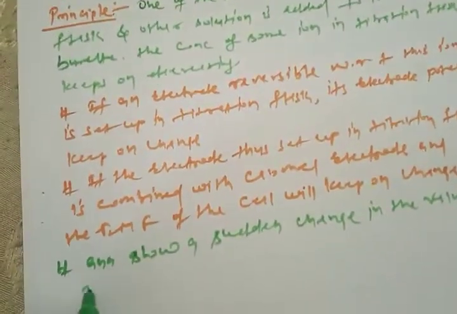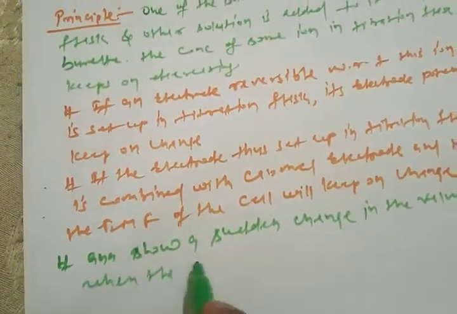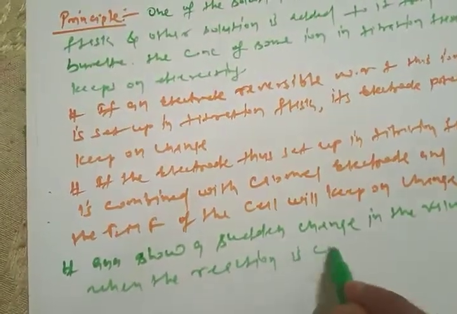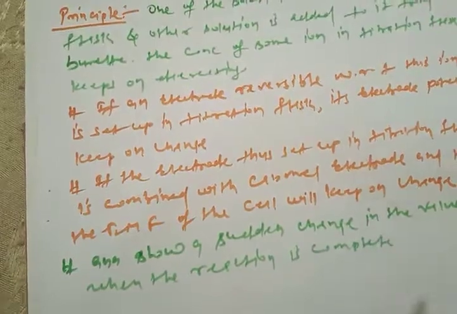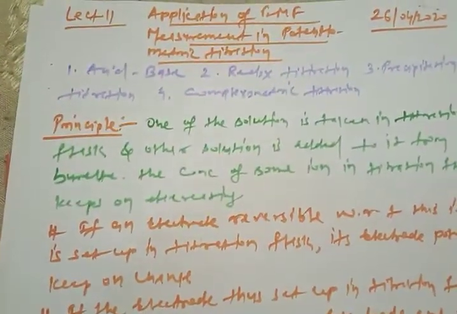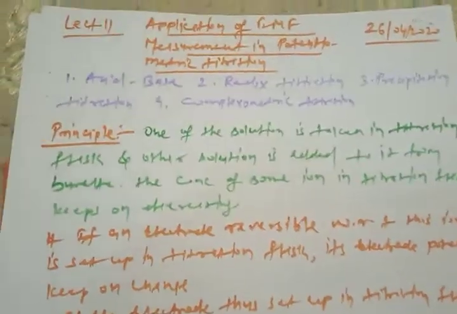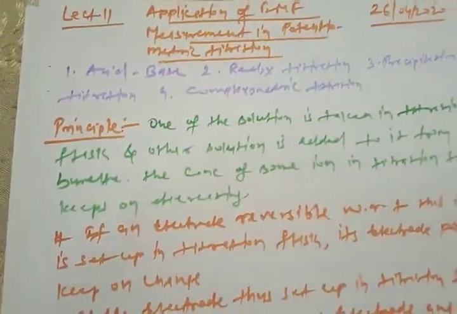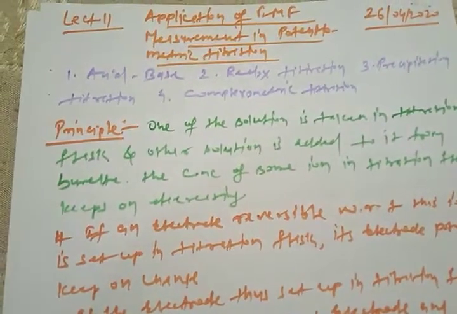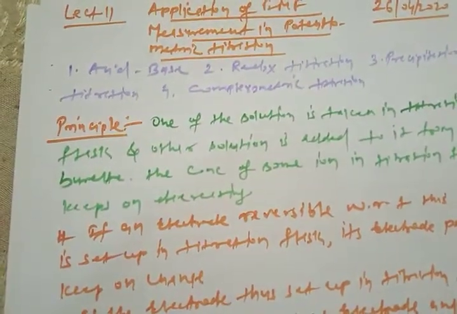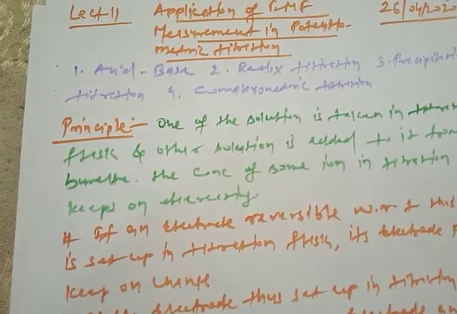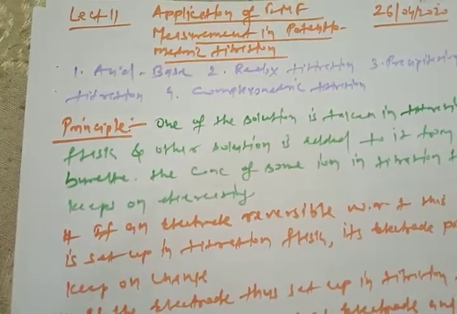When the reaction is complete. So this is the principle. I am again repeating. See, the traditional method: you have a conical flask, the titration flask. Then you have a burette. In the burette you take a known concentration, in the titration flask an unknown concentration.